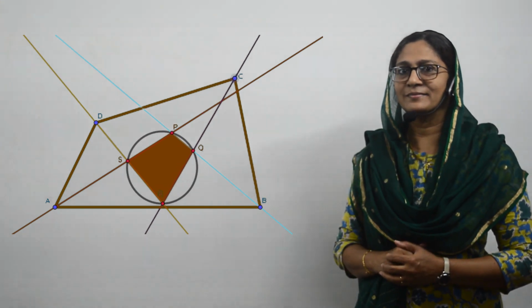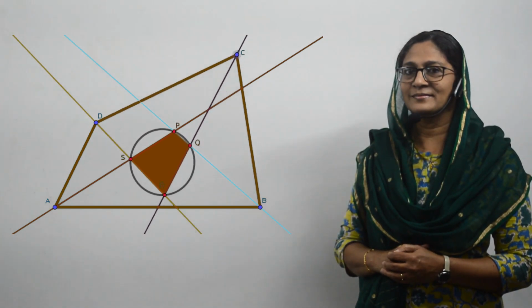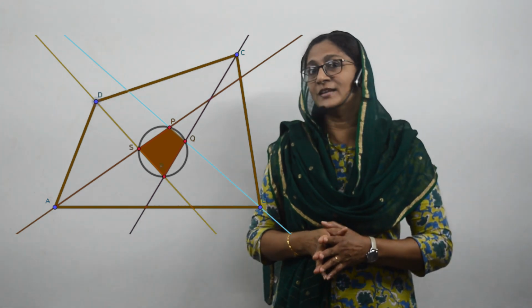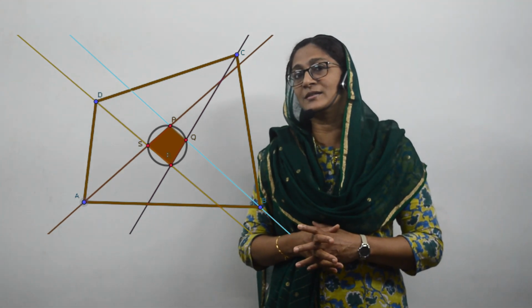Same result. Whatever the quadrilateral is, we can see that the meeting points of the adjacent bisectors are always points on the same circle. Now let's come to our topic today, circle and quadrilateral.